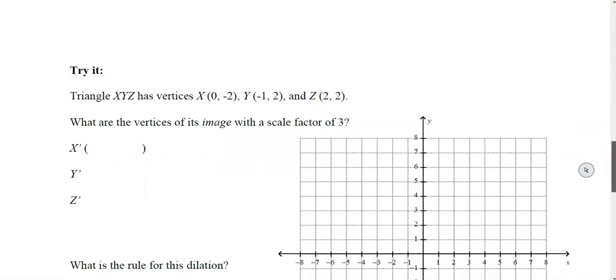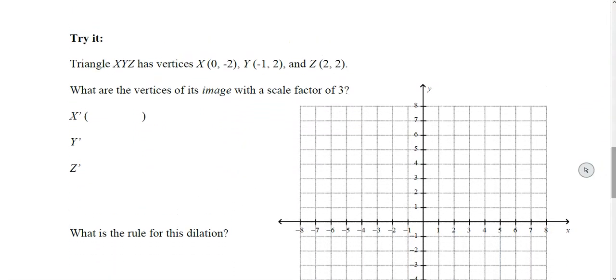Now the next one, you're going to go ahead and try it on your own. I'm not going to do this one. Go ahead and try it. This one says a scale factor of 3. So if it's a scale factor bigger than 1, your image is enlarged, or it gets bigger. Now to find your new points, all you have to do is multiply each of the coordinates by 3.